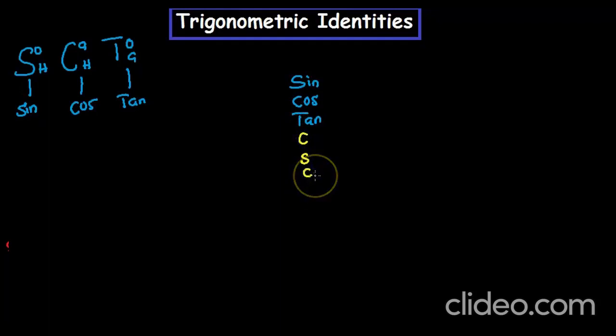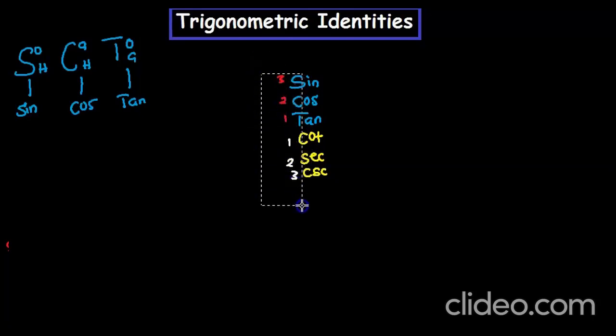And under this, the first one is going to be cot, the second one is going to be sec, and the last one is going to be cosecant. Then assume that this is 1, this is 2, and this is 3, and at the other point this is 1, this is 2, and this is 3.